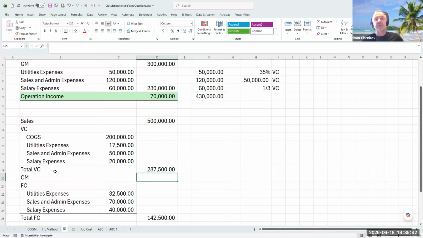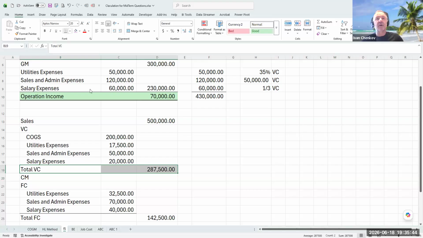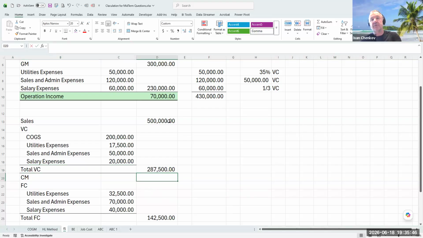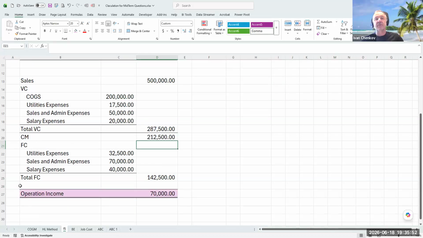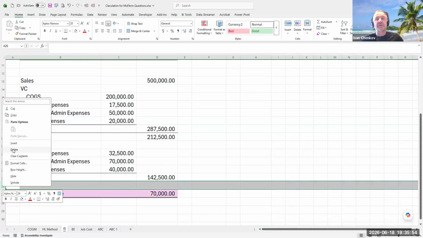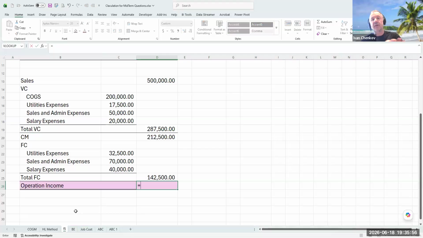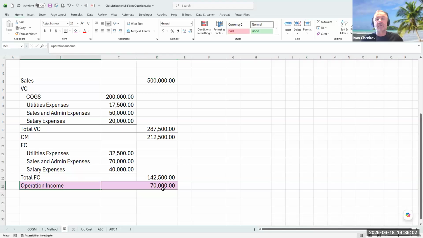So basically, once you take the variable cost, you can calculate the contribution margin, which is 500 minus the 287,500. And once you get the total fixed cost, you can easily calculate that this one minus this one should give you the 70,000. If you get a number here different than 70,000, you have to go back.